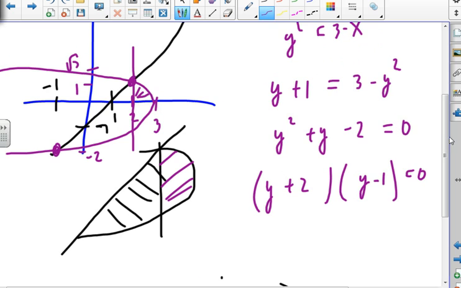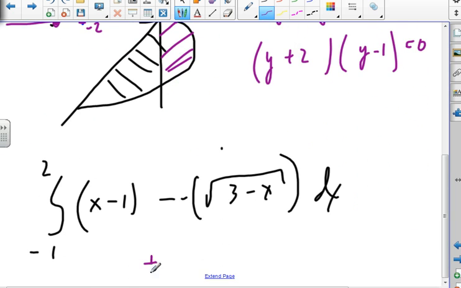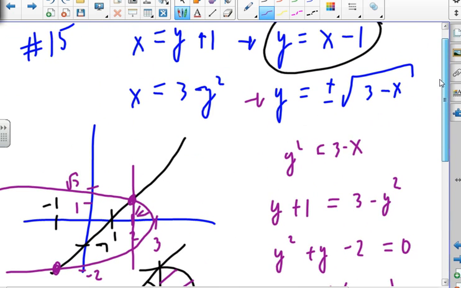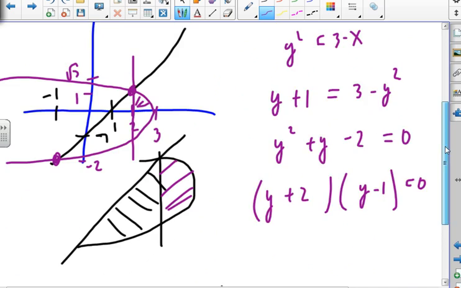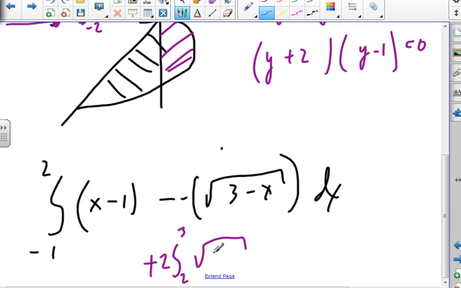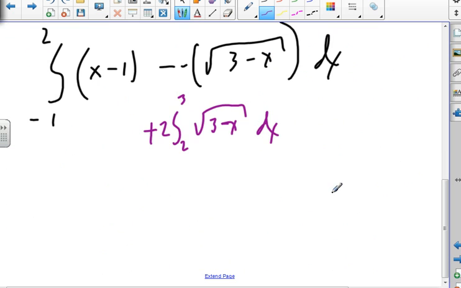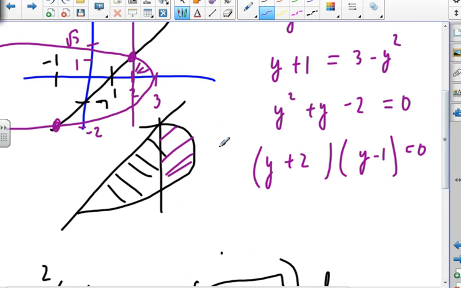So we could go plus integral 2 to 3, and it'd be 2 times that, because we want the guy on the top and the bottom, of square root 3 minus x dx. All right, so that's how we would do it. We would do the part where one's on top of the other first, and then we get that part second.